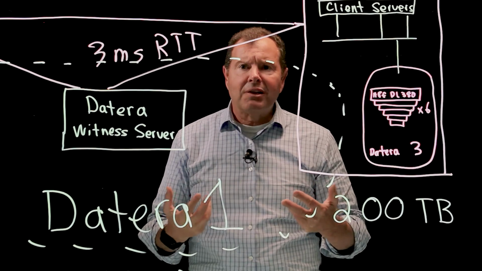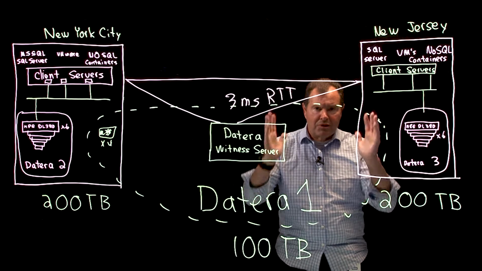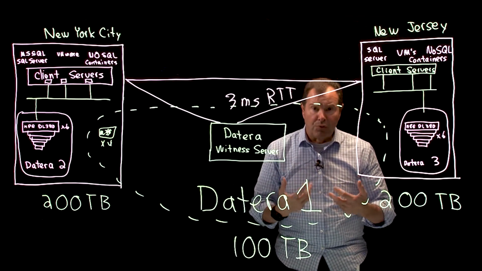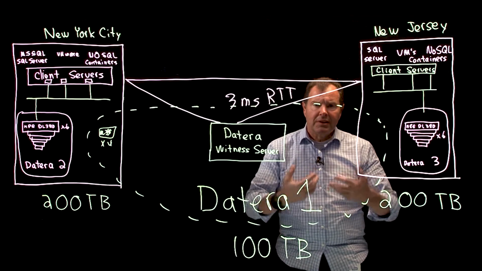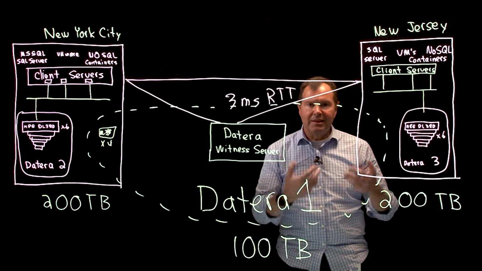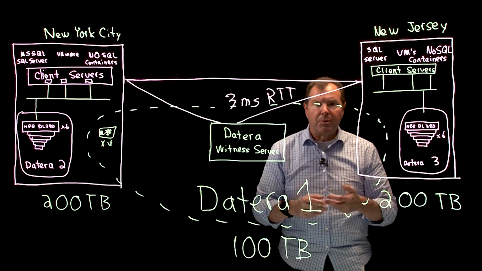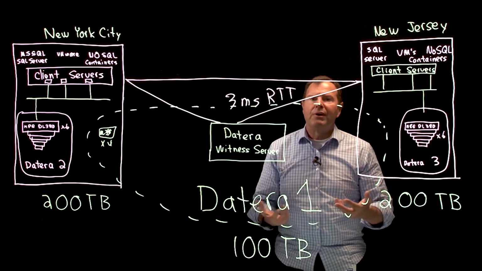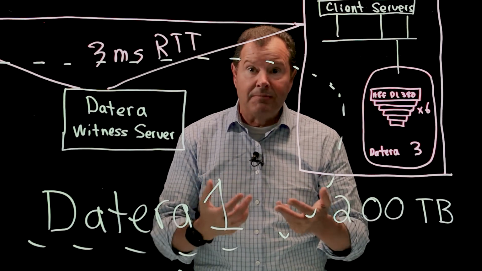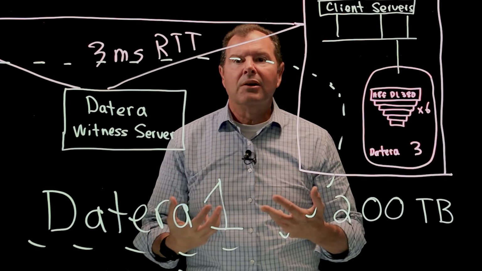A Datera stretch cluster can be architected across a pretty wide geography or just across racks in the same data center. The workloads are intelligently routed within tiered nodes, and those nodes can use any combination of Intel Optane, NVMe, SSD, SATA flash, or even hard drive to meet your performance and cost needs.